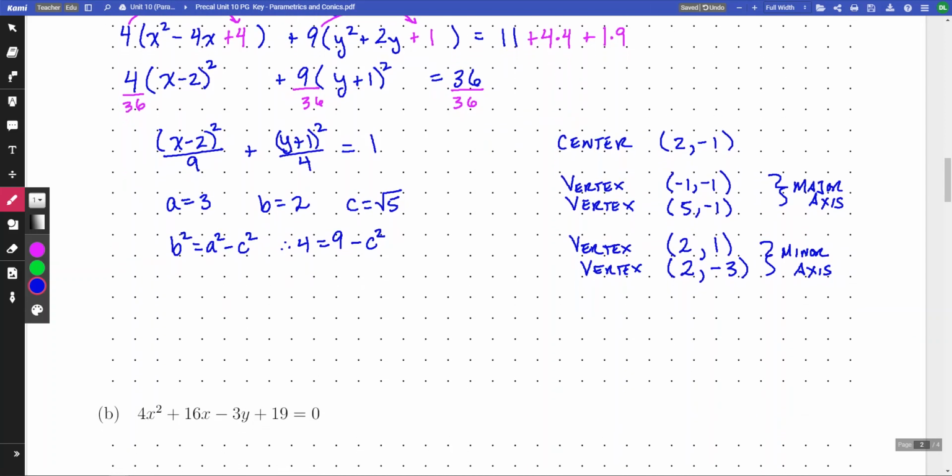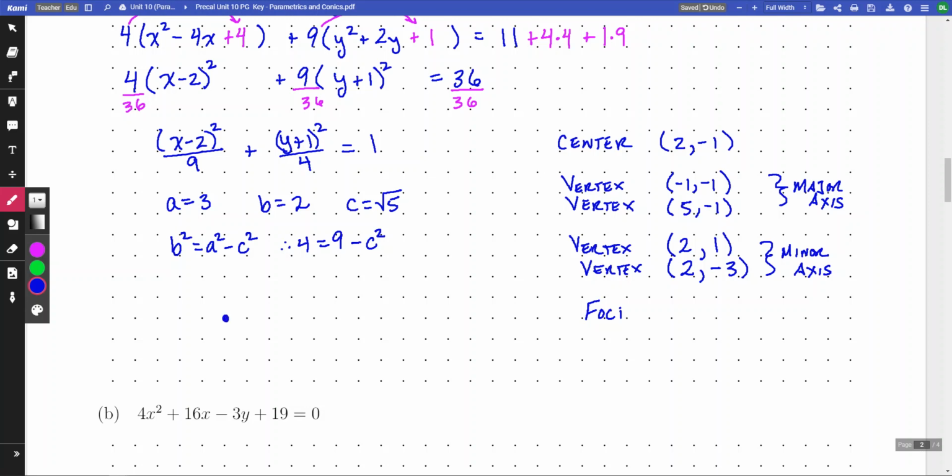Now I know I also have foci. For my foci, if I need to look at this graphically, I can get the idea graphically. I need to identify where they lie.